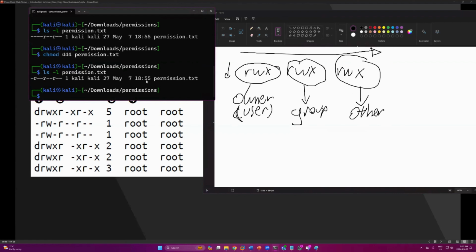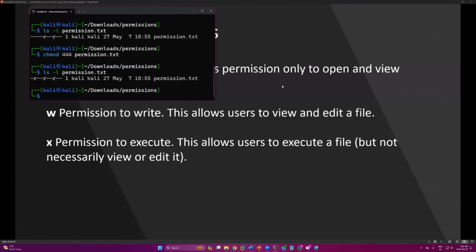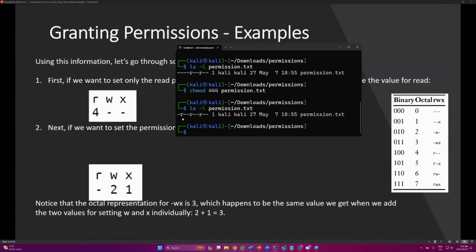So now let's try to give different kinds of permissions based on what we know. If I take a look at the chart over here, let's say I want to give the owner read and write access.